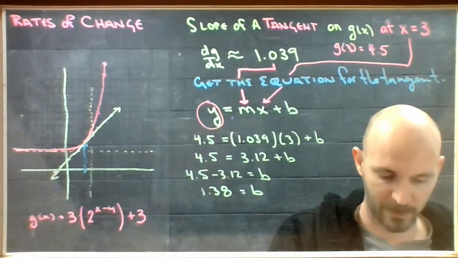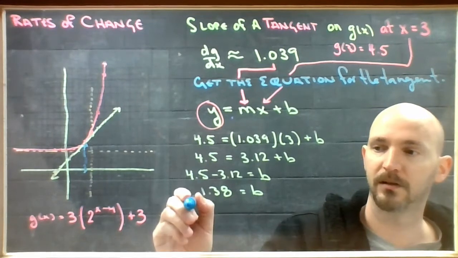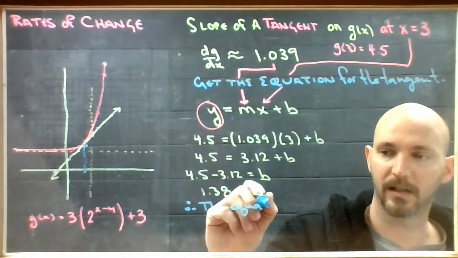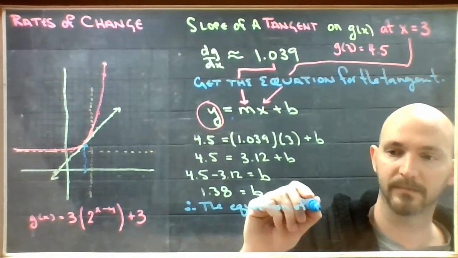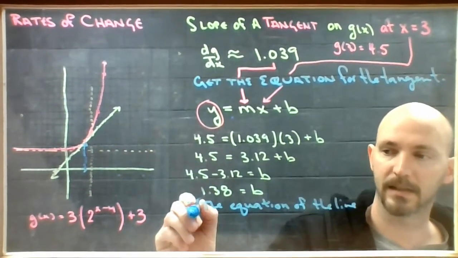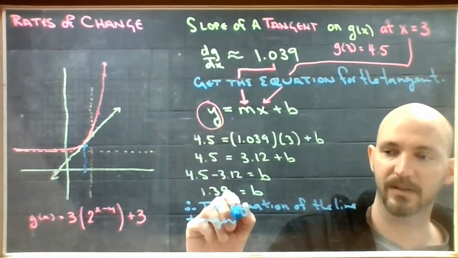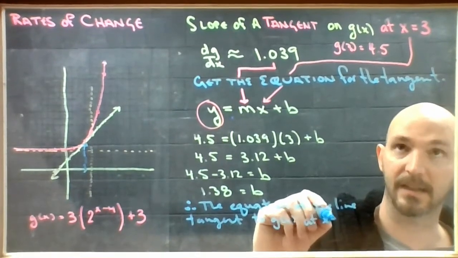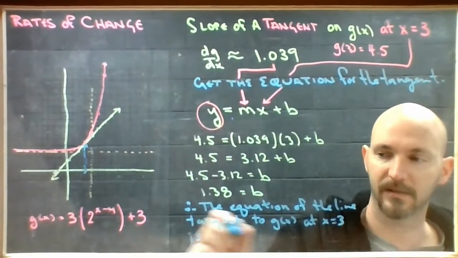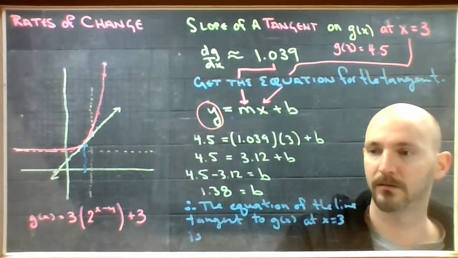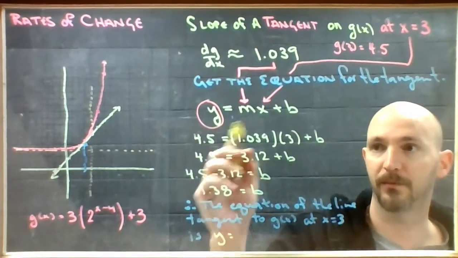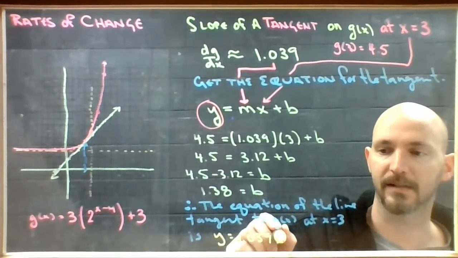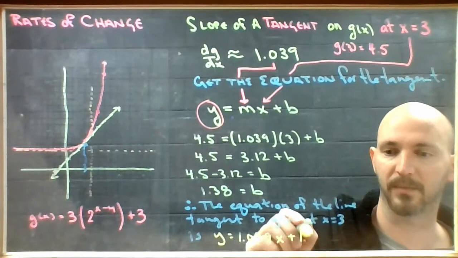So therefore, the equation for my tangent line to g of x at x equals 3 is y equals my slope, 1.039, x, plus my y-intercept, 1.38.